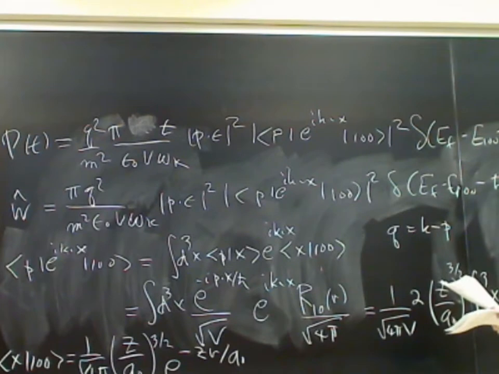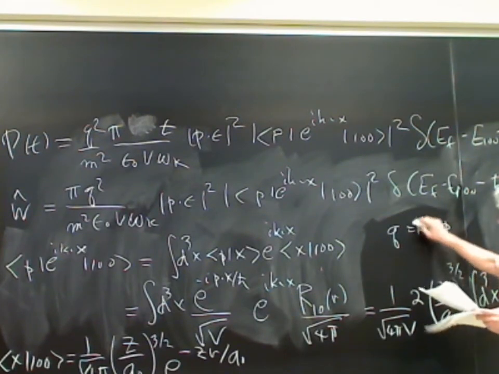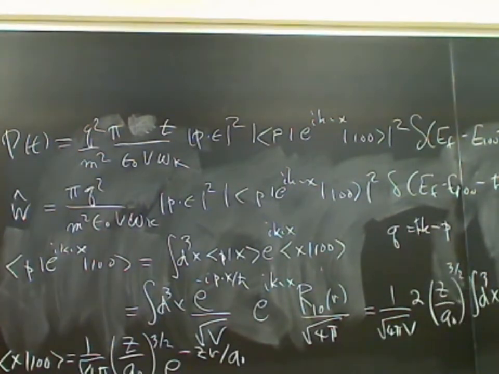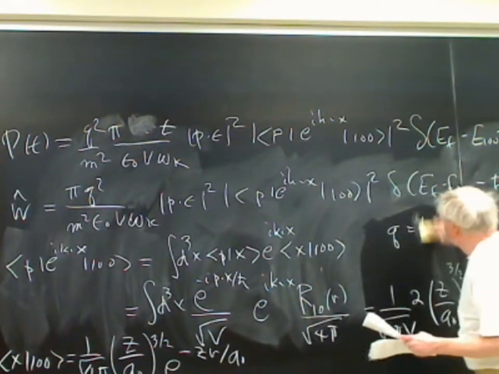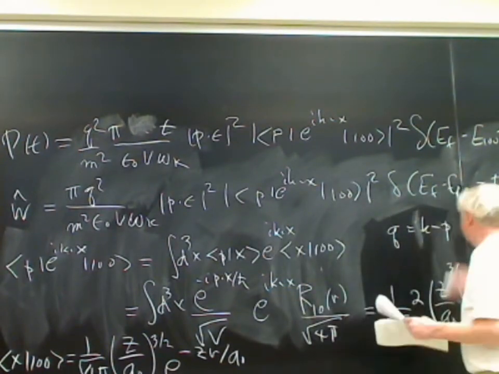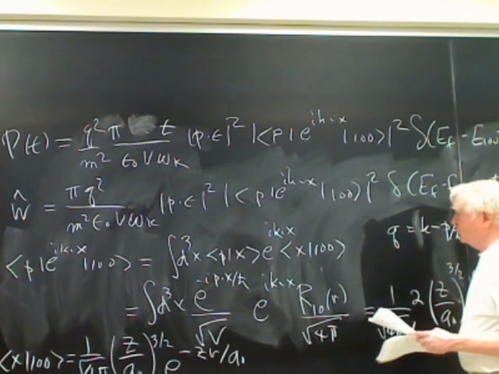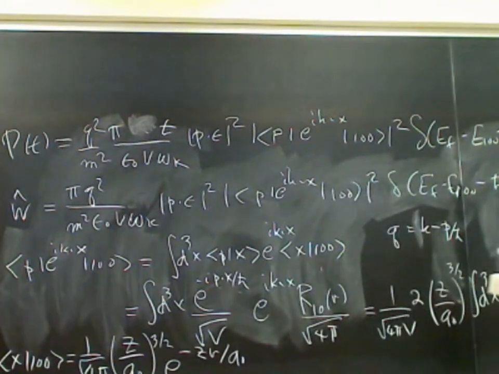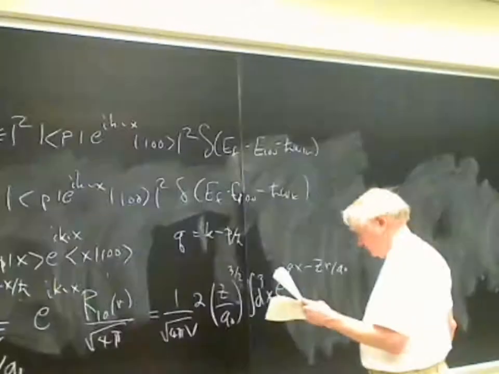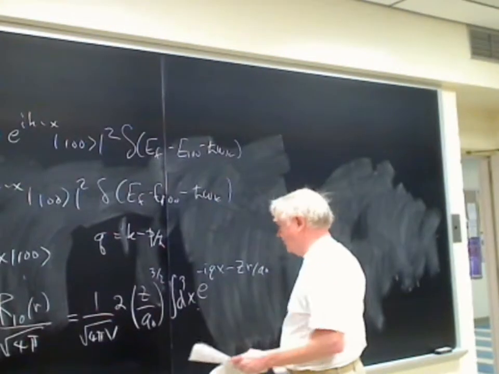I want to get rid of the h bar. So this is e to the minus i q dot x minus ZR over A0. All right, so that's our integral.